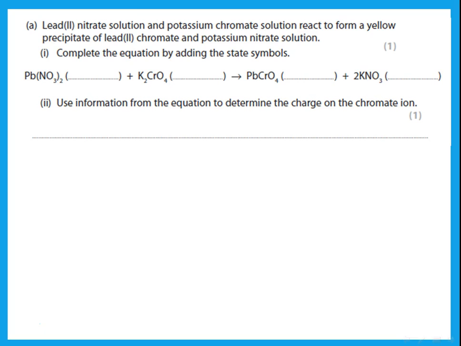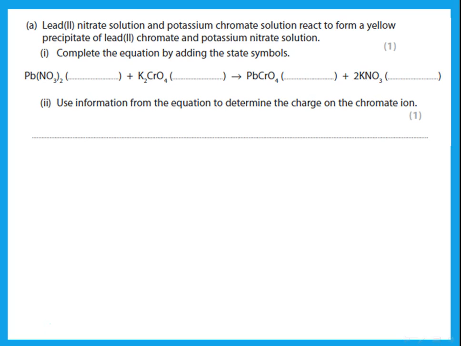Okay. This says lead nitrate solution. And remember that we said if something is solution, that means it's aqueous. And potassium chromate solution react to form a yellow precipitate. The word precipitate means a solid that forms from the reaction. So a yellow precipitate is the solid that forms from the reaction. He says, write the state symbols.